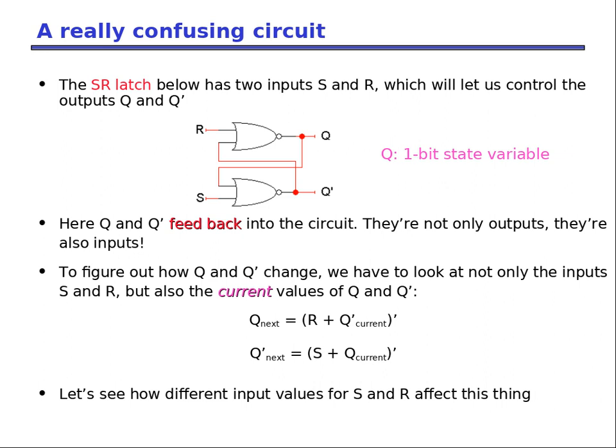Because 1 or whatever, we don't care what, it's always going to be 1, and NOT that equals 0. So that NOR has to be a 0 right now. Okay, great. So now we have the two inputs for the R NOR, a 0 and a 0. 0 or 0 is 0, NOT that is 1. So Q is 1.